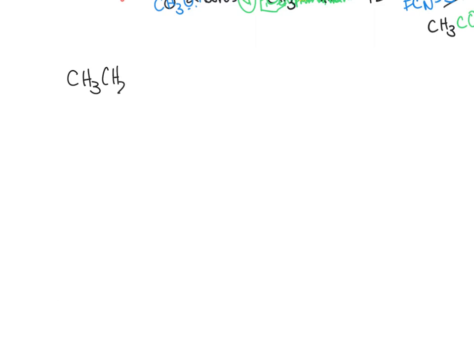CH3, CH2, CO, CH3. Okay, so if you draw that compound, the first carbon is here, and then the second carbon is here, and then the third carbon is here, and it's bonded to an oxygen with lone pairs, and then we have our last carbon here.